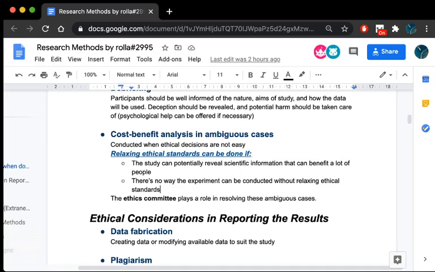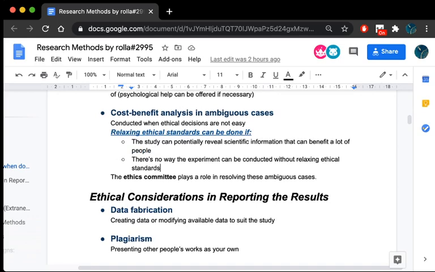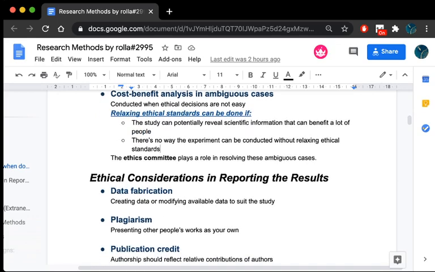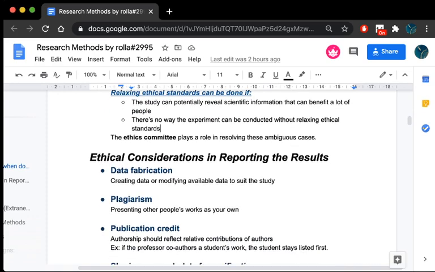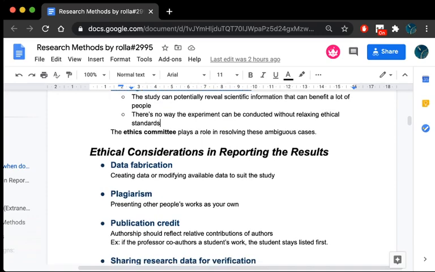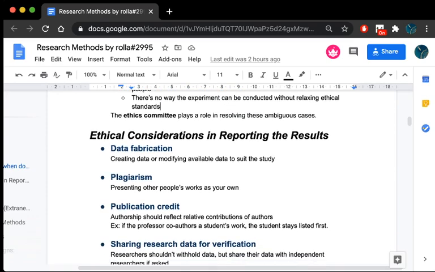Or if there's no way the experiment can be conducted without relaxing the ethical standards, it can also be done. But obviously, you have to make sure that it can be beneficial in the long term. So the ethics committee plays a role in resolving these ambiguous cases. Usually they have one committee that would evaluate your studies and make sure that they're good.